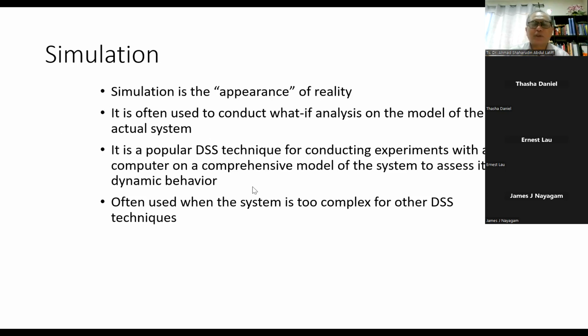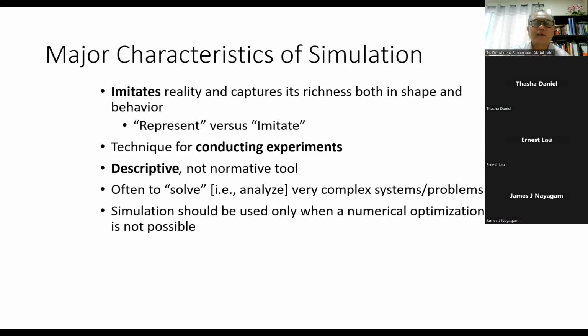So it is a very popular decision support system technique. You conduct the experiment on a computer so that you can change the what-if. You can simulate scenario 1, scenario 2, scenario 3. You can have many scenarios so that you can determine the best decision based on your simulation, or appearance of reality. A major characteristic of real simulation is that it needs to imitate reality, capturing all the richness of both shape and behavior.